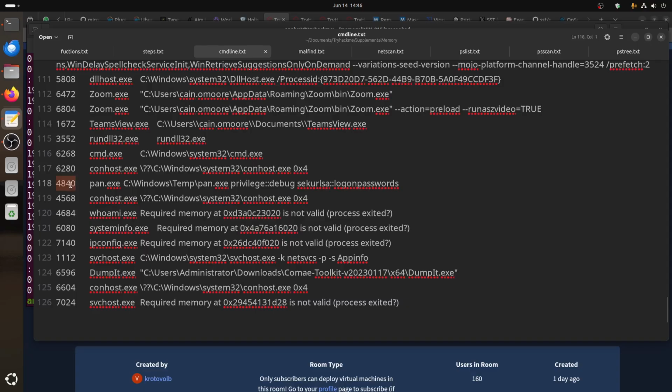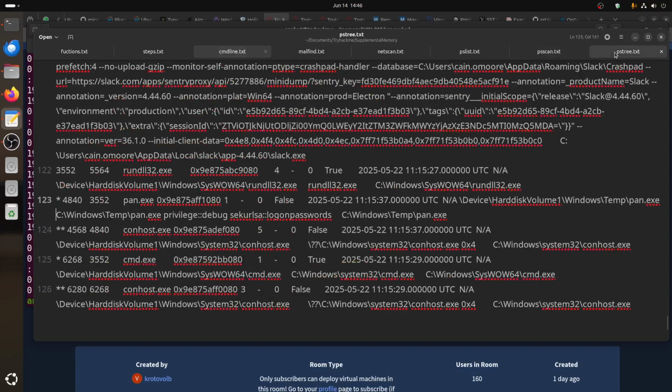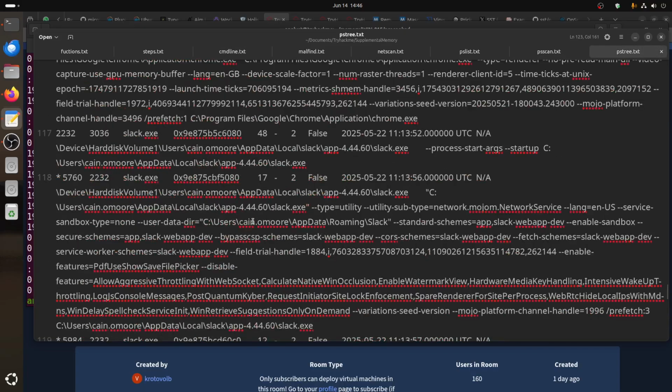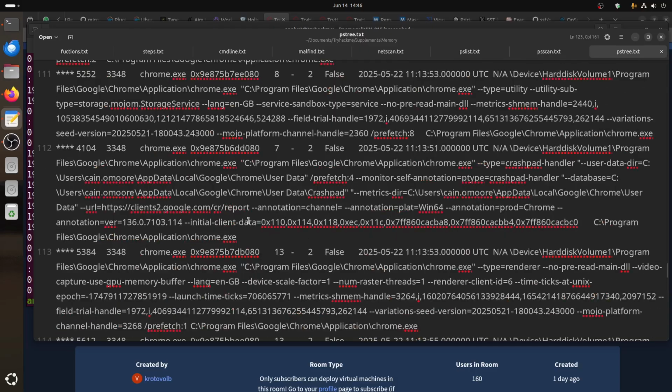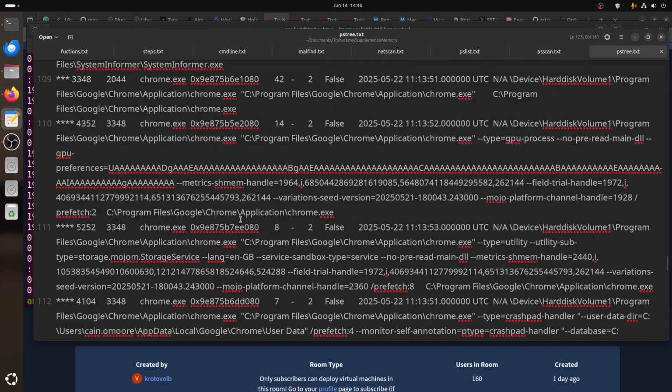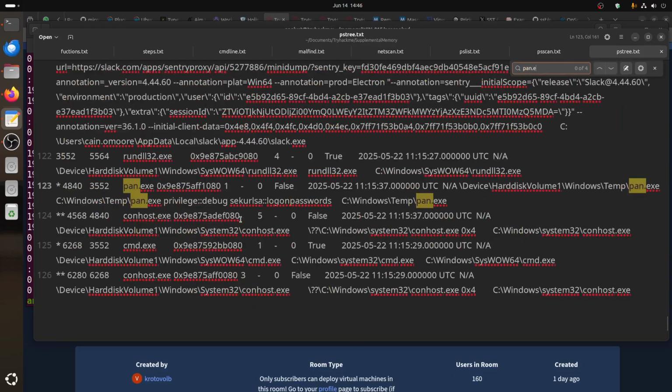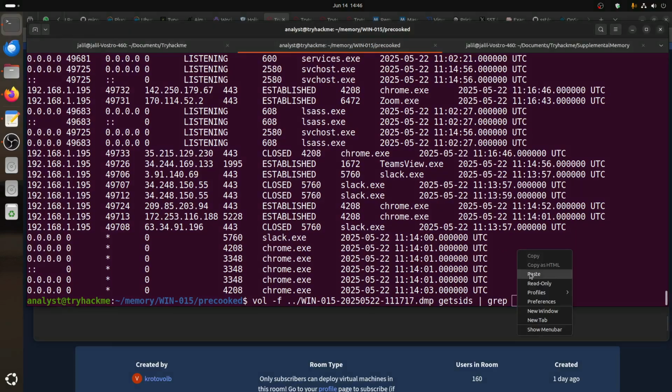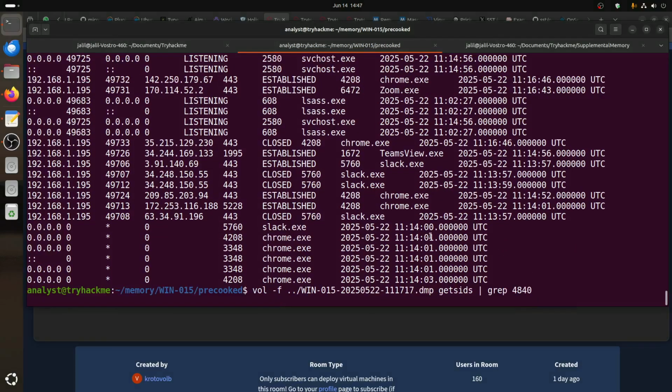Let's confirm it's 4840, and we can check from pslist. Control F pan.exe. Yeah, it's the 4840 process.